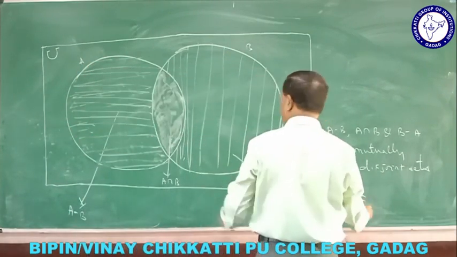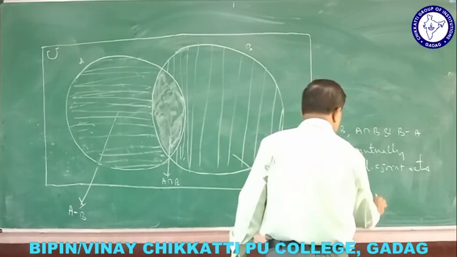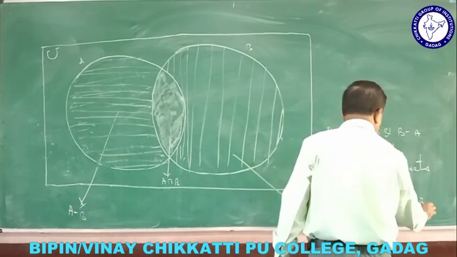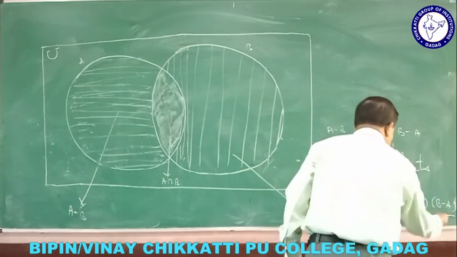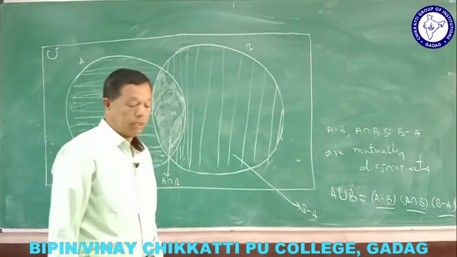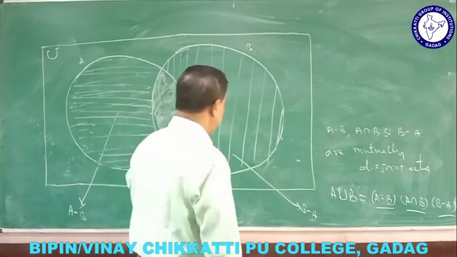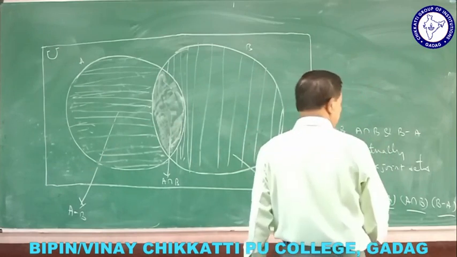You are writing A minus B, and also A intersection B, and also B minus A. So these three sets, when you take them together, you have to tell that A union B includes A minus B, B minus A, and A intersection B.